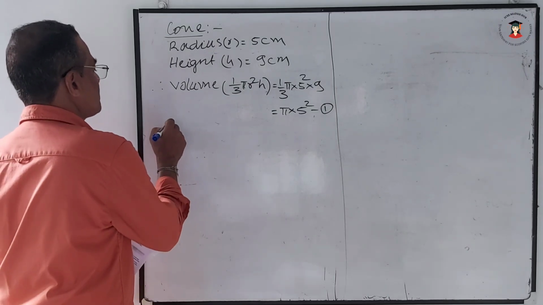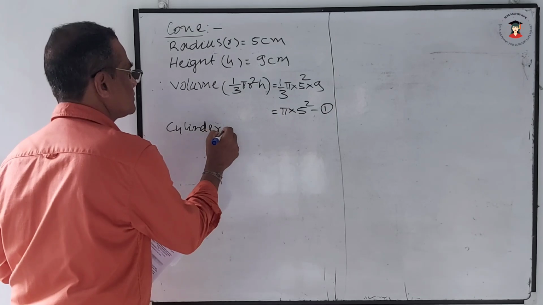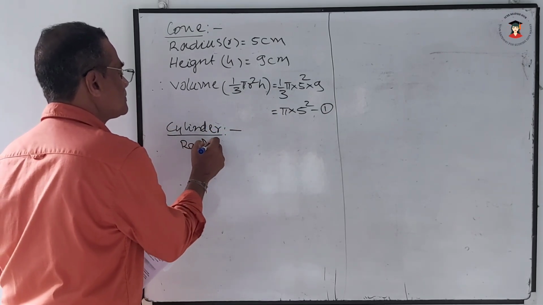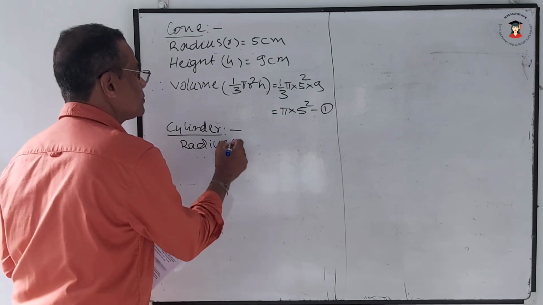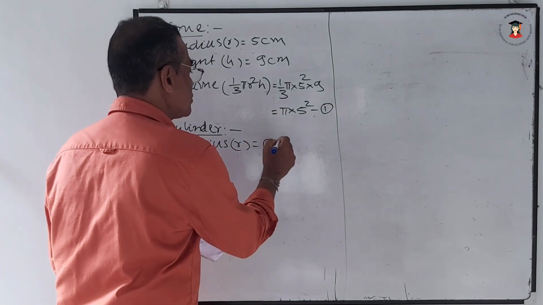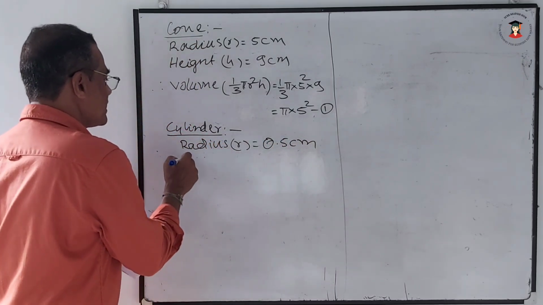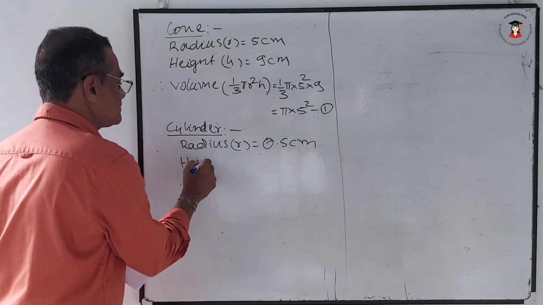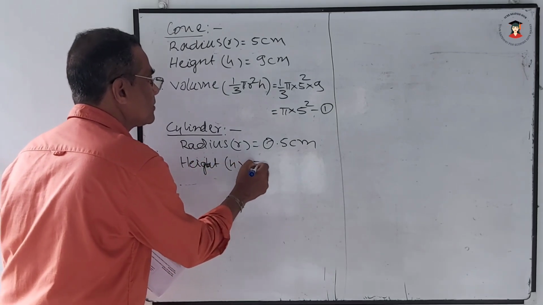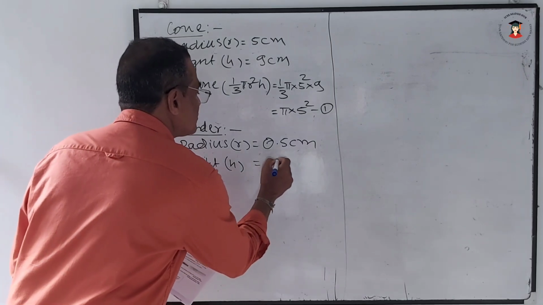Now, cylinder. Radius r equal to 0.5 centimeter. Height h equal to 1.5 centimeter.